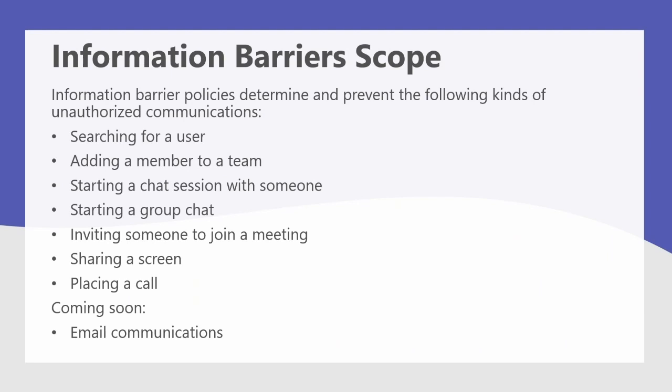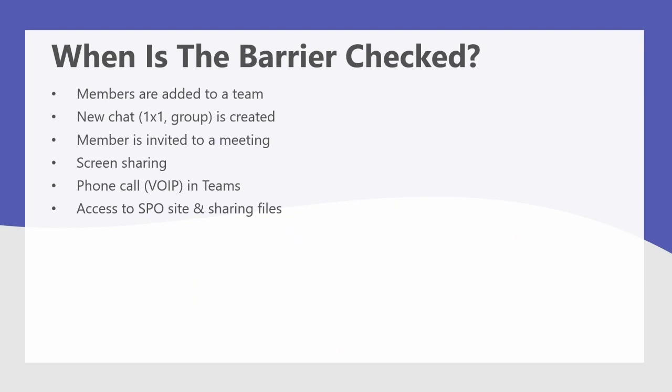This list shows what actions are prevented using information barriers, for example, starting a chat, attending a meeting, placing a call. And then this is when it's actually checking if there is an information barrier, so when a new member is added to a team, when someone starts a screen sharing session, etc.